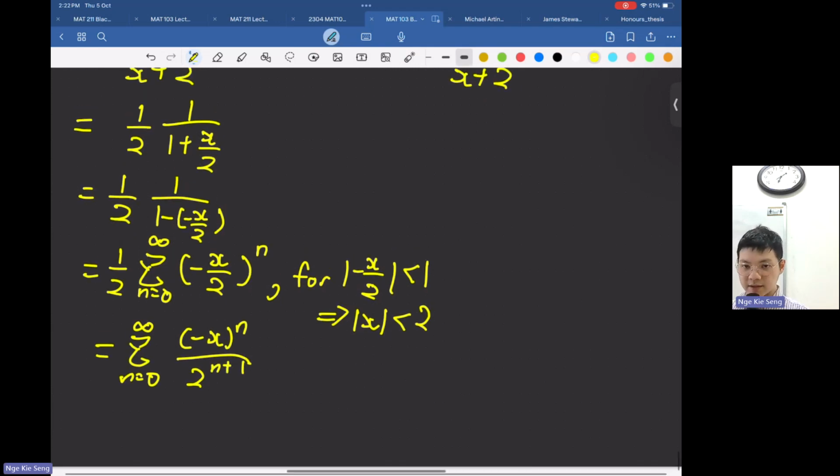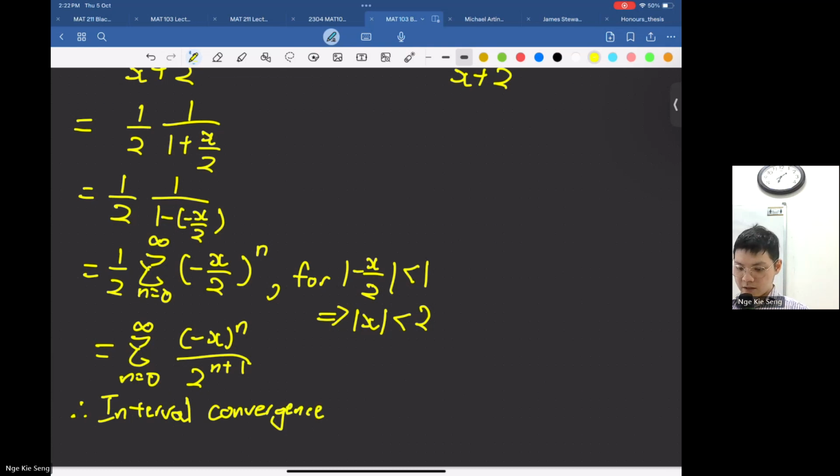So in this case, our interval of convergence is from minus 2 to 2, not including the endpoints because our expansion started without the endpoints.